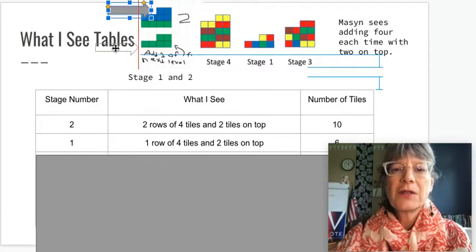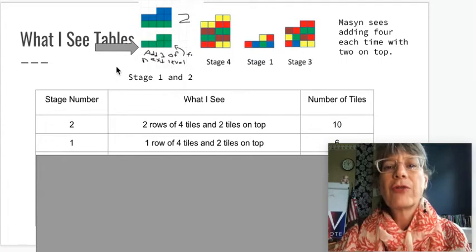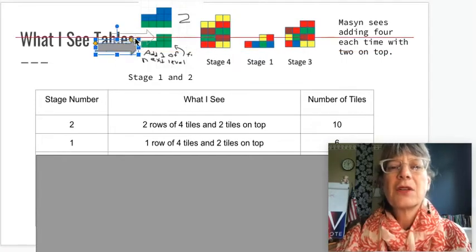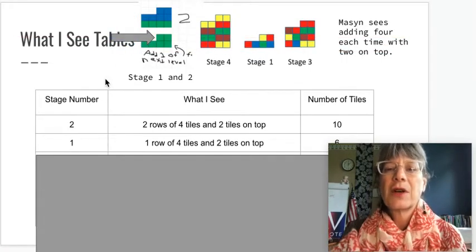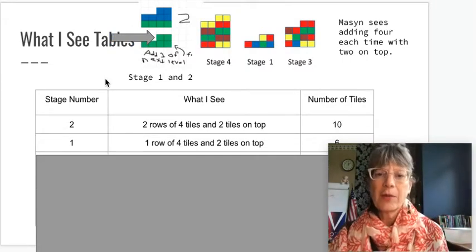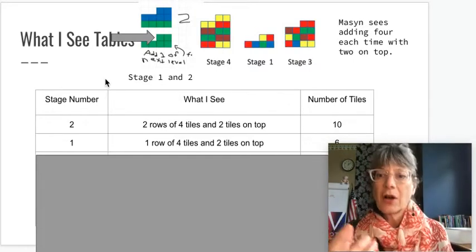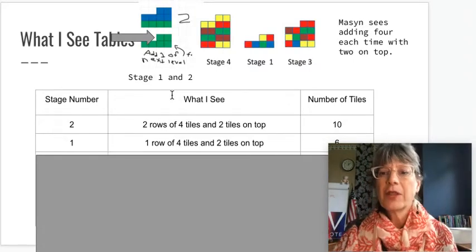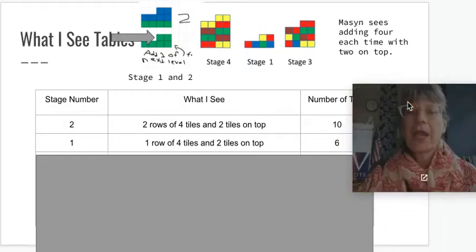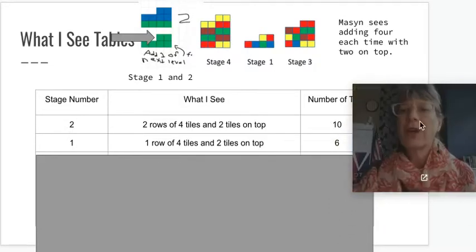So here it is. In the tile stacks Mason drew, 1 row of 4 tiles and 2 tiles on top. So far in our What I See table, we're using words to be really specific so that we can all see this pattern the way that Mason sees it. And that row of 4 plus the 2 on top makes a total of 8.